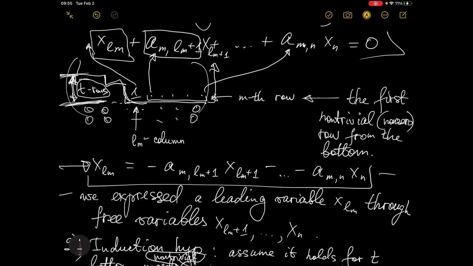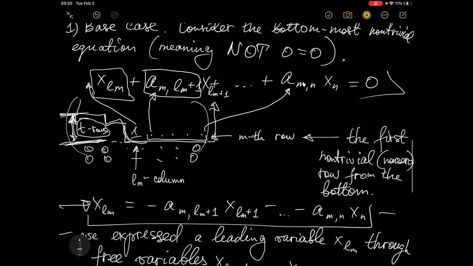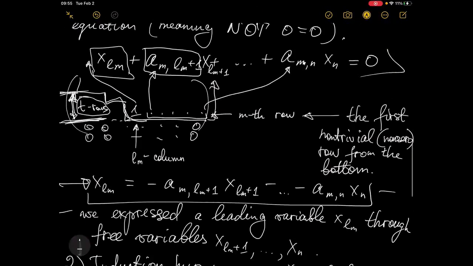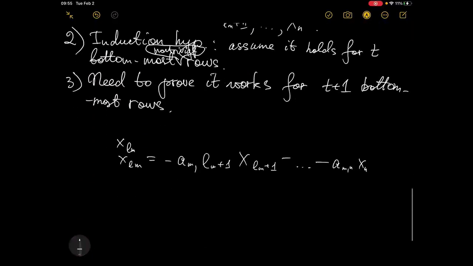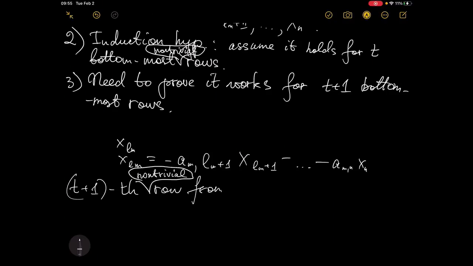But then, because the next row, the t plus 1th row, non-zero, non-trivial row from the bottom.